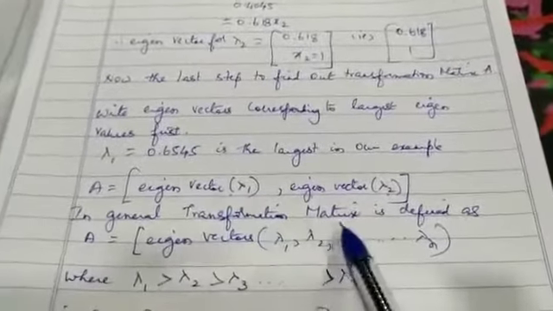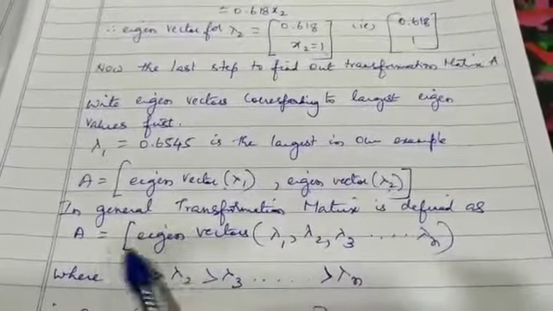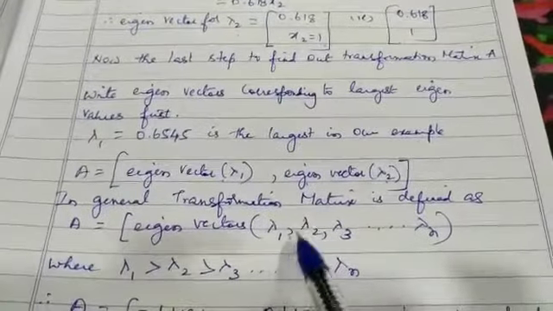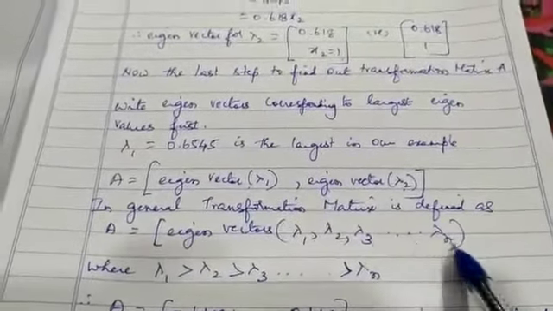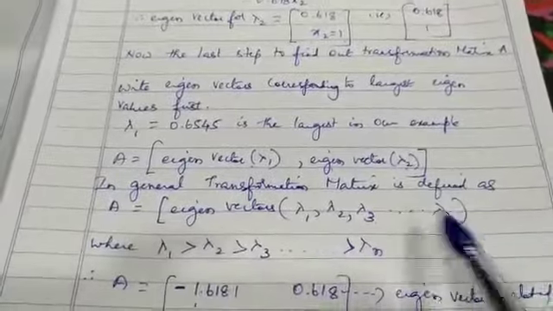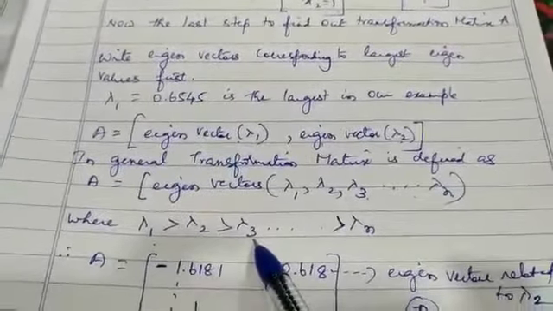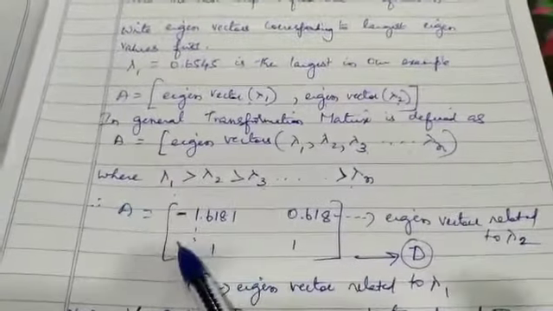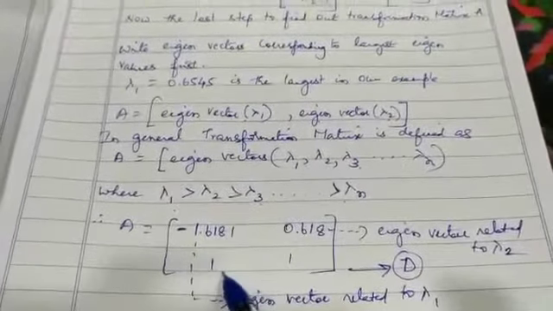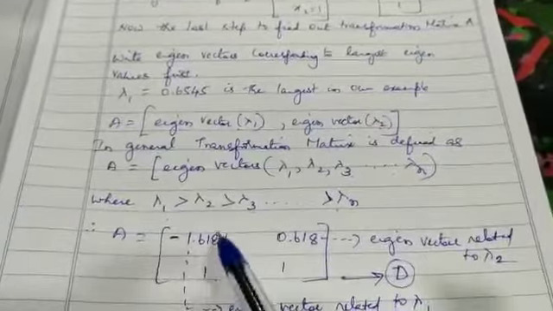In general, the transformation matrix is defined as A is equal to the eigenvectors of lambda 1, lambda 2, lambda 3, and it goes on till lambda n, where lambda 1 is greater than lambda 2, greater than lambda 3 and so on.